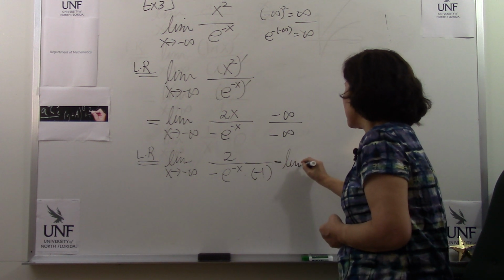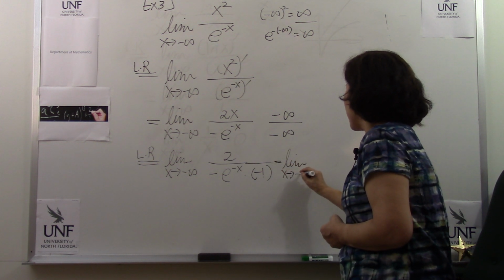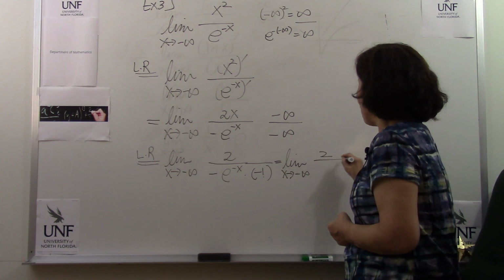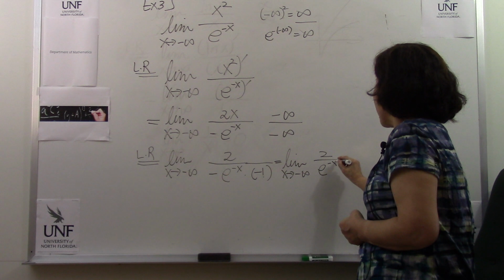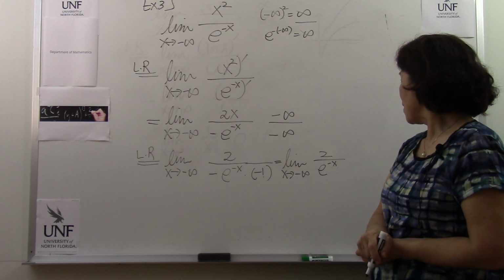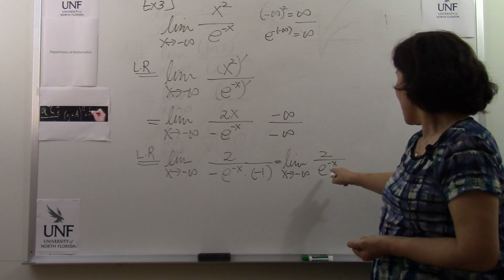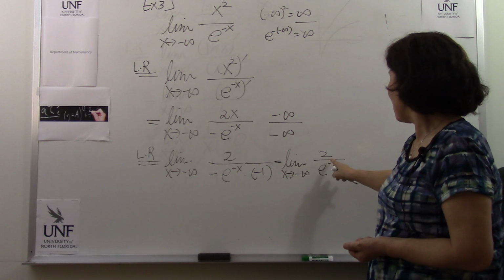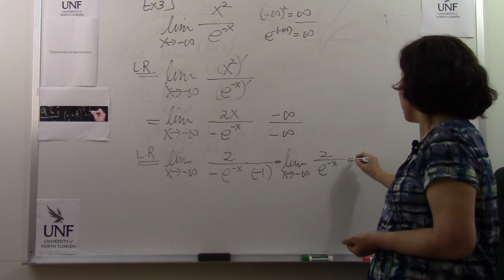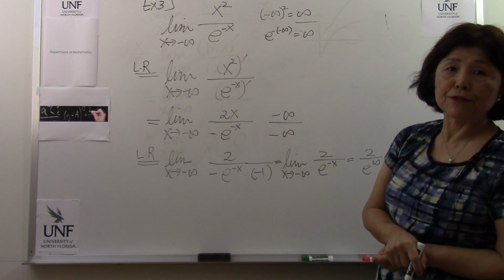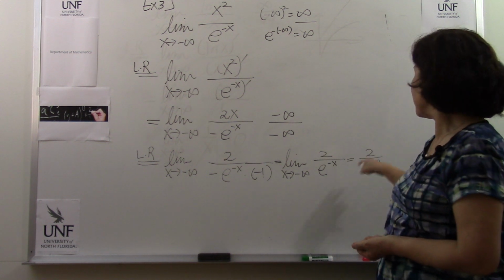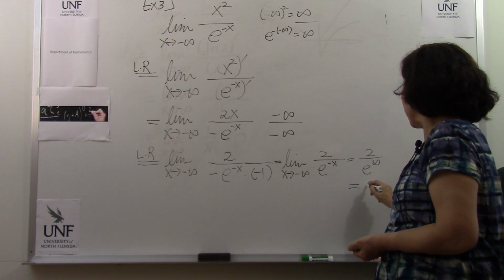So this is limit as x goes to negative infinity of 2 over e to the negative x. So what is going on here? E to the negative of negative infinity, which is e to the infinity, 2 over e to the infinity. The numerator is fixed at 2, therefore the result is 0.